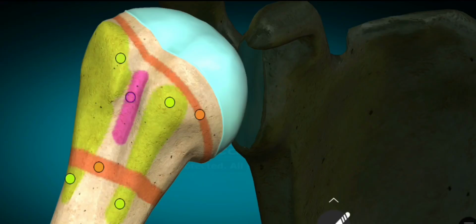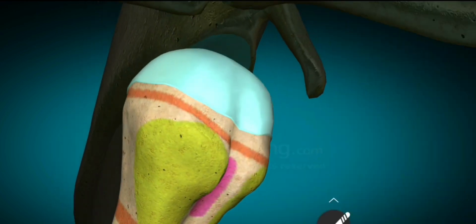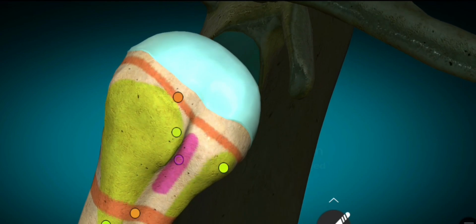In this groove, the long head of the biceps muscle along with the anterior circumflex artery goes inside the joint, and the long head of the biceps is then attached to the supraglenoid tubercle. You can easily appreciate the supraglenoid tubercle here just above the glenoid cavity. Here the long head of the biceps is attached.